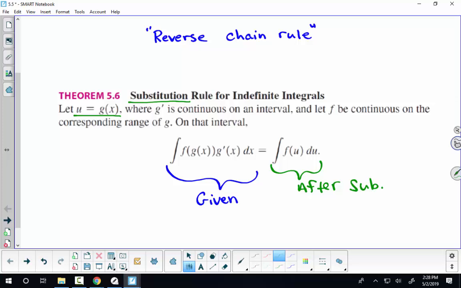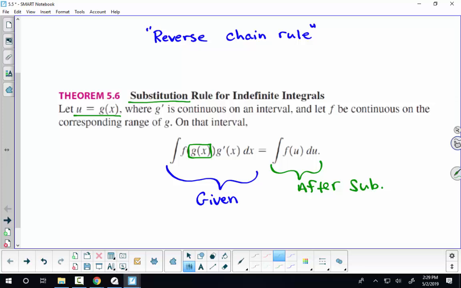Notice what we're given. The key here, at least on the surface in the first couple of examples that we look at, is that our substitution is this function g of x, which is the interior or the inner function of capital F. The inner function here that's present, notice its derivative is also present, multiplying that composition.